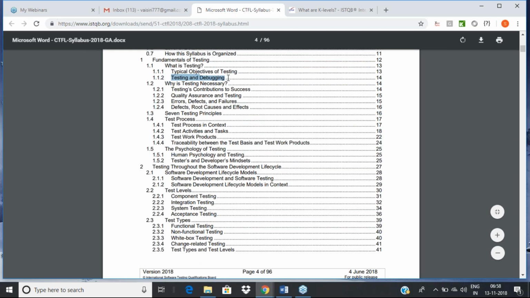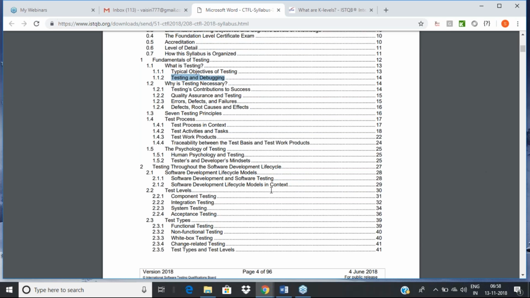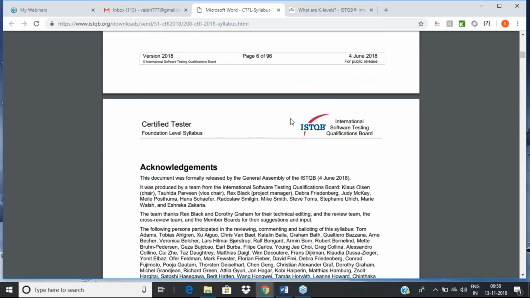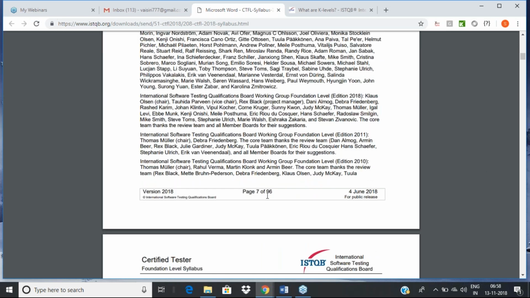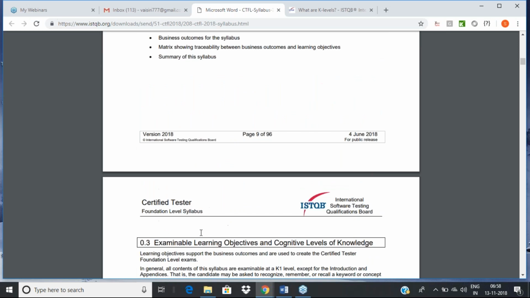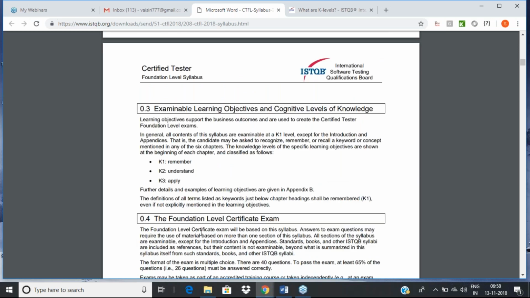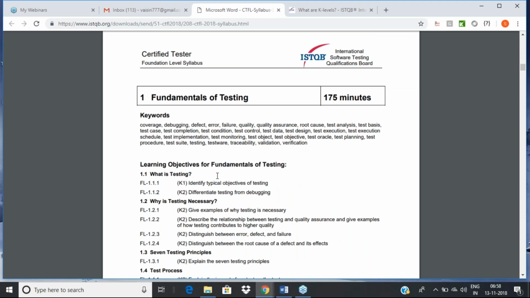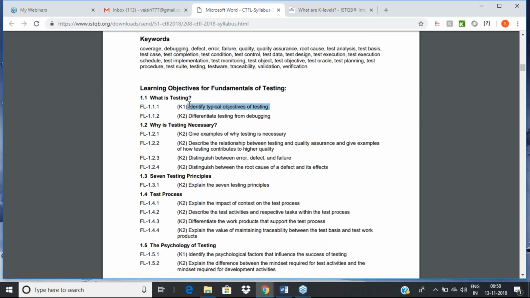Yeah, so that is not okay. How many questions from each K level, there's no clear summary of that, but what we can do is, when we are reading a chapter, like you can see, identifying the typical objective of testing. It's a clear category that you will only get K1 type of questions.